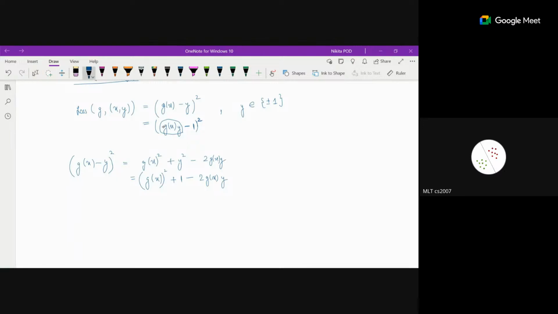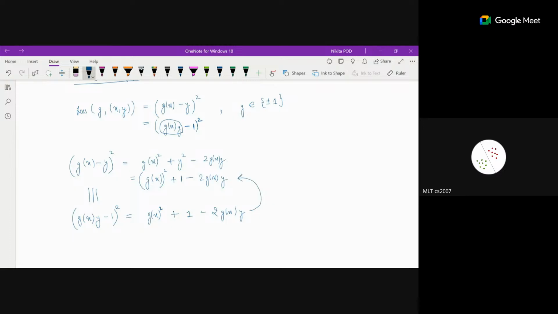Now let's see why this can also be written as g of x times y minus 1 whole square. This can be written as g of x square y square, which is just 1, plus 1 minus 2 g of x y, right? So you can see that they both are equivalent, they both are the same.